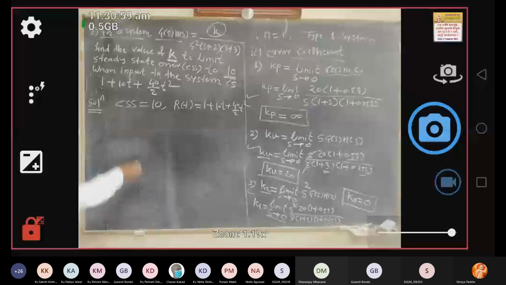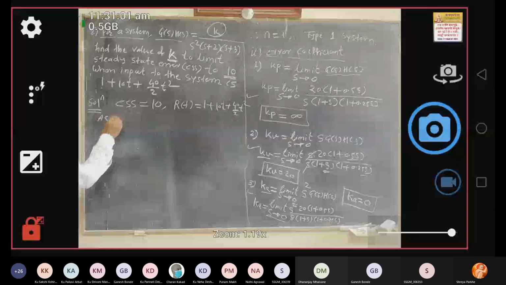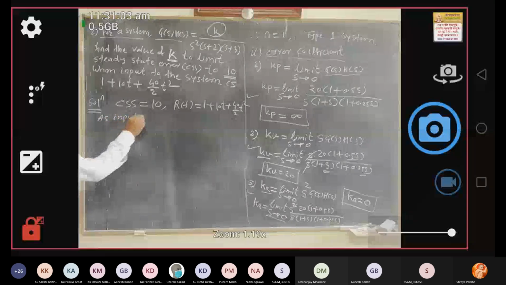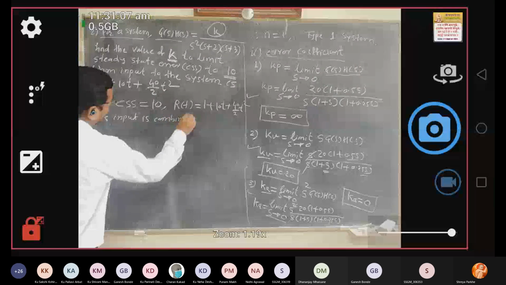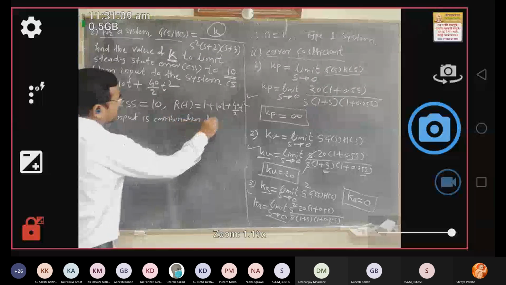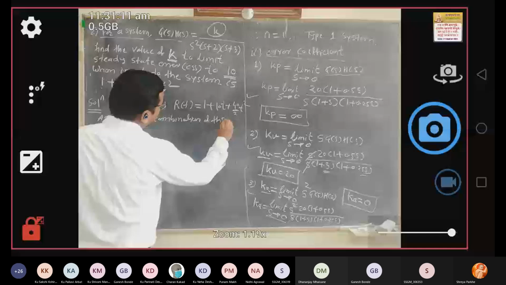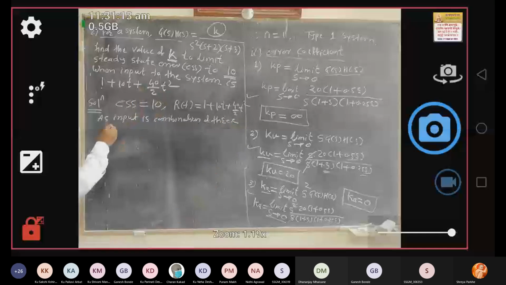Okay, so here as input is a combination of three different input, three different input with different magnitude. Okay, so which are the magnitude of your signal? Let's say A1 signal. So this is A1, this is second signal, this is third signal.